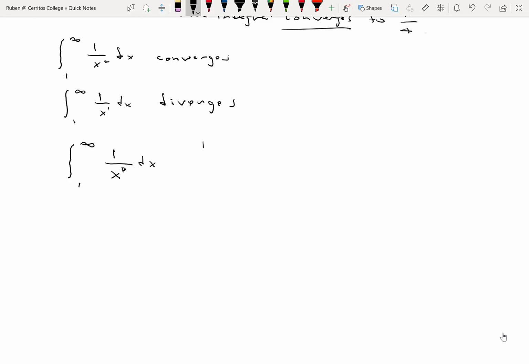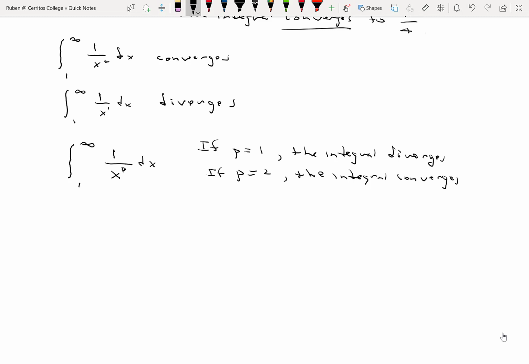We know that if p equals 1, the integral diverges. When p equals 1, we're integrating 1 over x. If p equals 2, the integral converges.